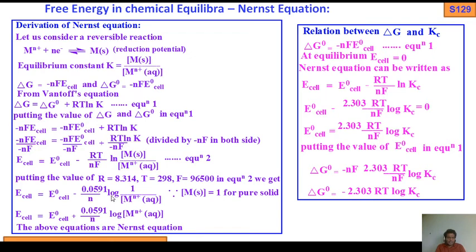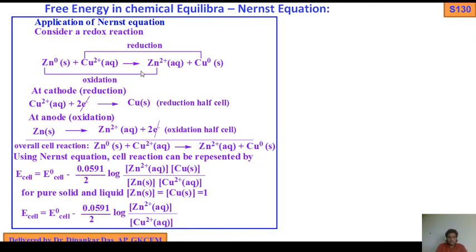When I write ln, it should not be 0.0591. If I write log, the value multiplied by 2.303 comes to 0.0591. So that is a rectification. So K equals the molar concentration of zinc 2 plus times the molar concentration of copper solid, divided by the molar concentration of zinc solid times the molar concentration of copper 2 plus.